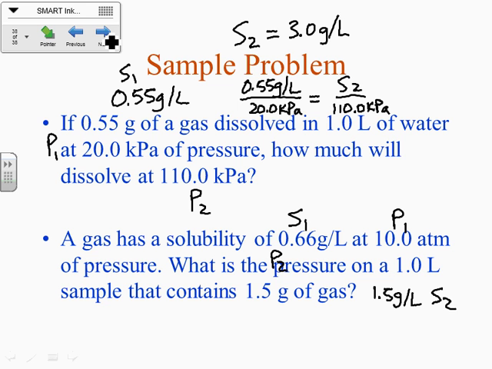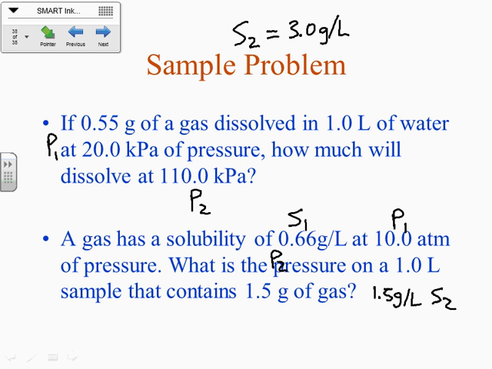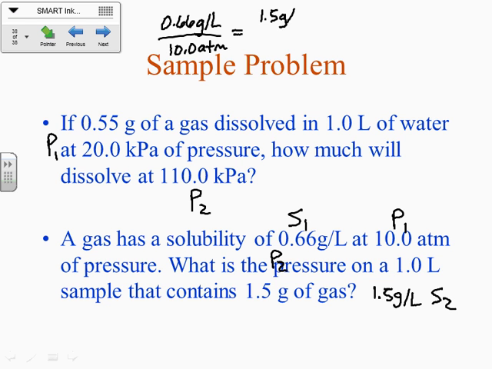All right, so same thing, you're just solving for a different variable this time around. I'm going to erase this up here and solve it up here so you can actually see it. 0.66 grams per liter divided by 10.0 is equal to 1.5 grams per liter divided by P2, or X, however you want to do it.